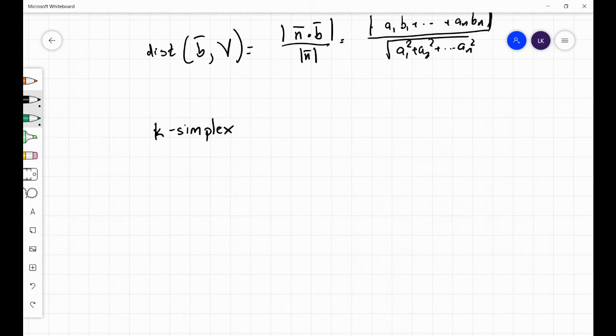So let's look at a one simplex. It's a simplex defined by one vector, and it would be the set of all points which are just all scaled versions of the vector v, where the scalar is between 0 and 1.